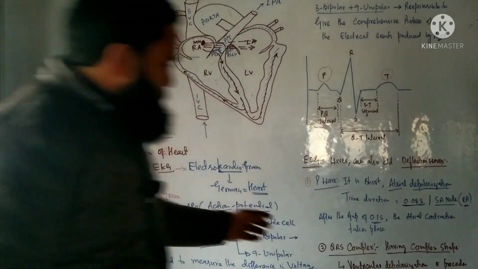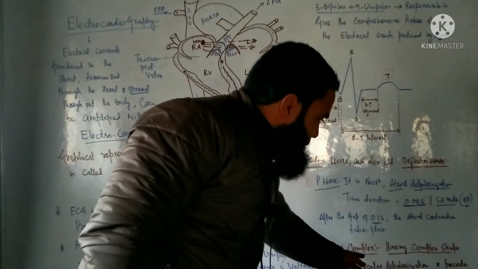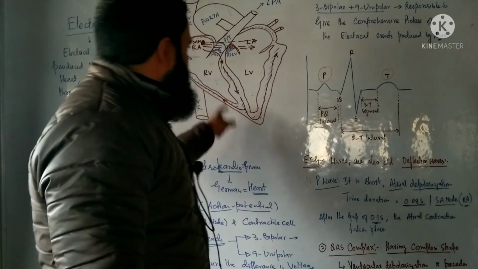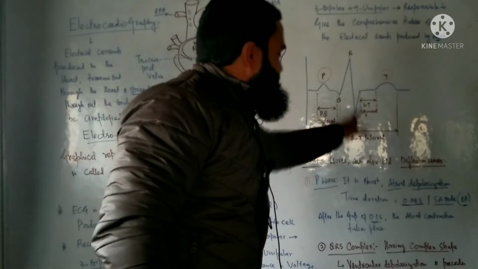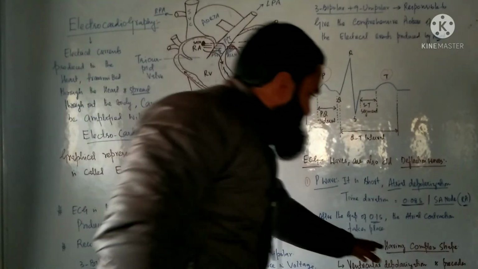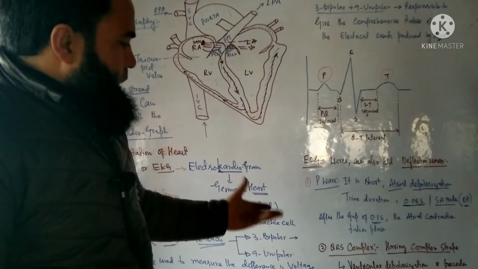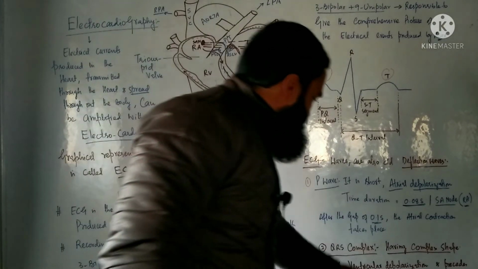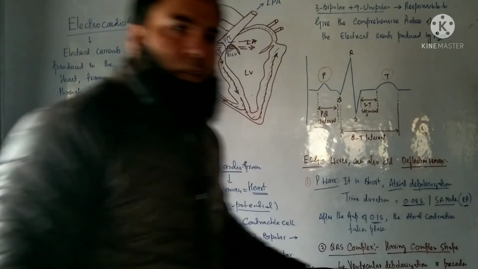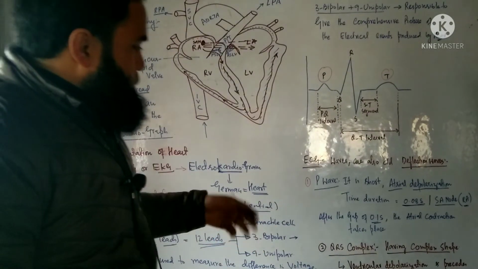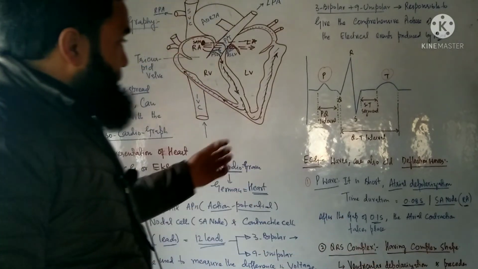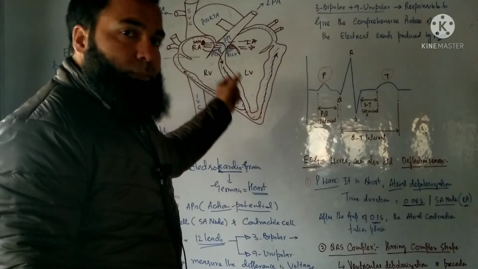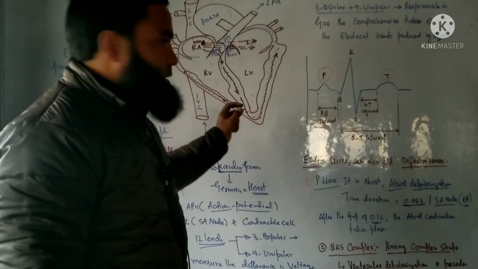That's the reason it produces a QRS wave in the form of a complex. It's called the QRS wave or QRS complex, having a complex shape, and it represents ventricular depolarization. It precedes ventricular contraction. Why does it have a complex shape? Because the path of depolarization is different in the ventricles.